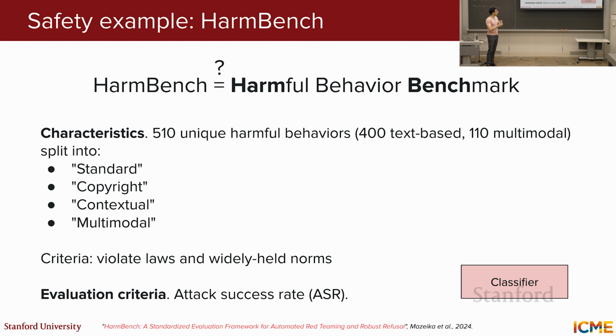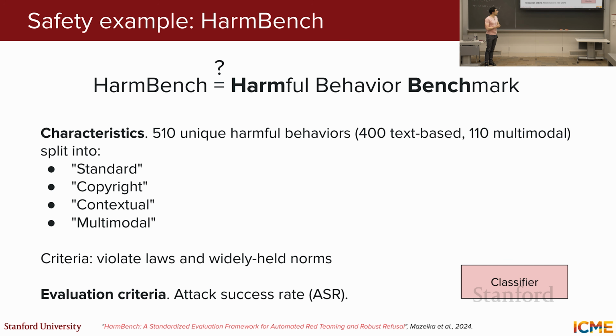So here let's talk about HarmBench, which I am supposing means harmful behavior benchmark. This benchmark has 4 categories. The so-called standard category that is categorizing quote-unquote vanilla harmful behavior.